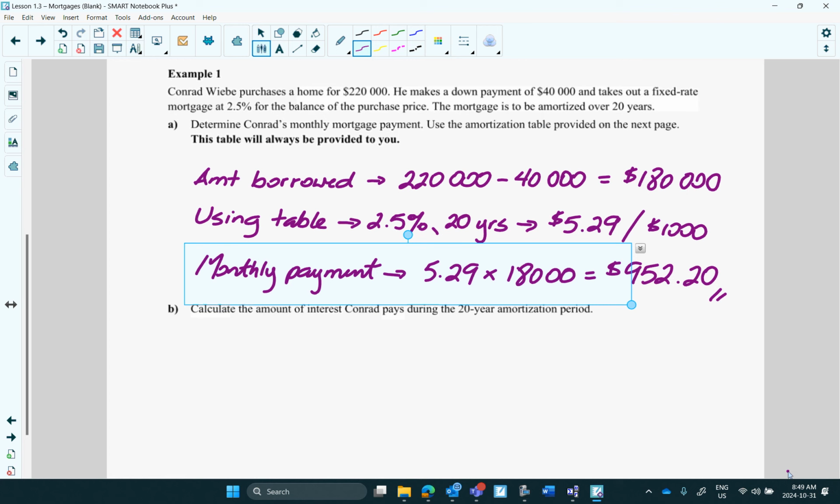The second part of this question, we want to calculate the amount of interest he pays over the 20 years. So let's say he took 5-year terms. So he would take 4 of them. And let's say he got the exact same interest rate every time. Okay. How much would he have ended up paying in interest over the 20 years?